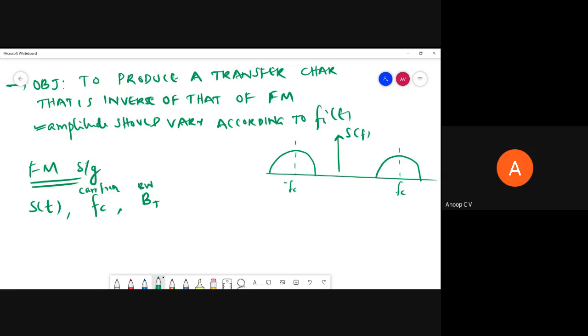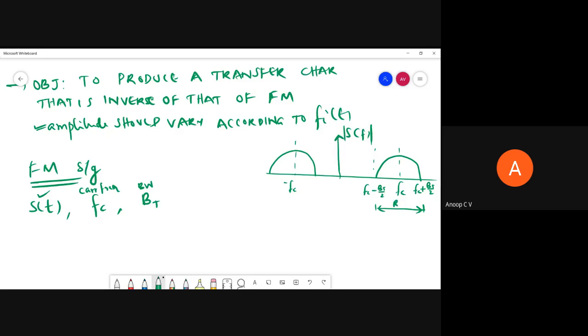This is mod S of F. So when I say the carrier frequency is FC and bandwidth is BT, what should come to your mind is that the signal will have frequency components centered around plus FC and minus FC, and it will have components from FC minus BT by 2 to FC plus BT by 2, so that is the total bandwidth.